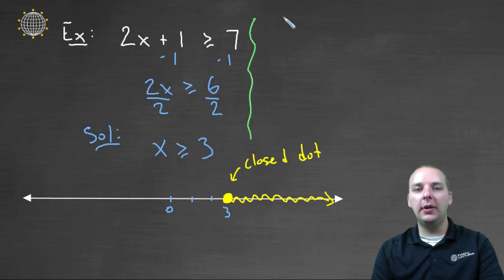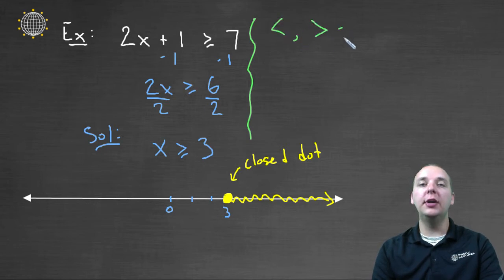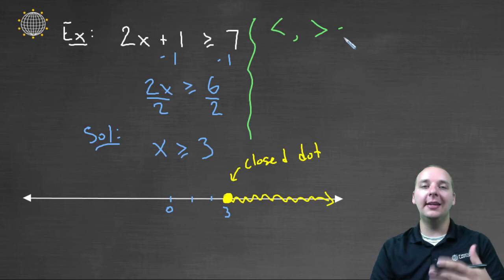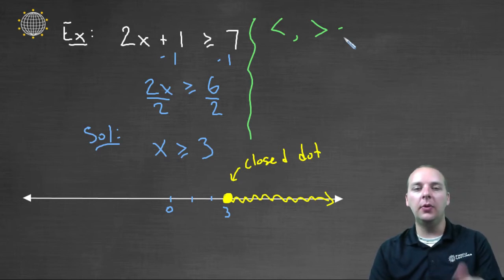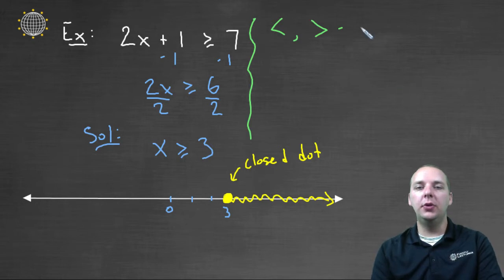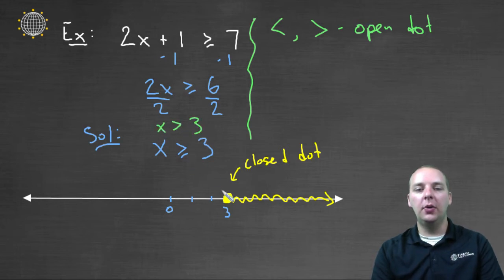If your inequality has one of these two symbols, we call these strict inequalities, meaning you can't equal the other side. You can get right up to it, but not equal. And so for these two, you would draw an open dot on your number line. So if this had been x strictly greater than 3, we would have done an open dot as opposed to a closed dot like we did here.